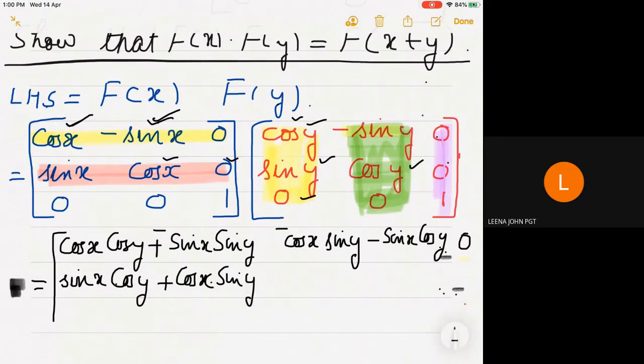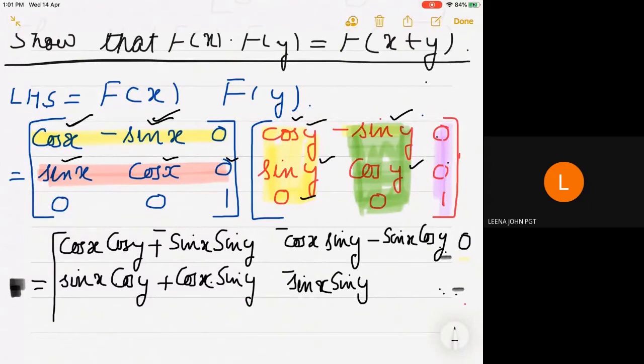Again the second row you have to multiply with the second column. That means the corresponding elements, if you multiply, what you get? Sin x into minus sin y. So we can write it as minus sin x into sin y.